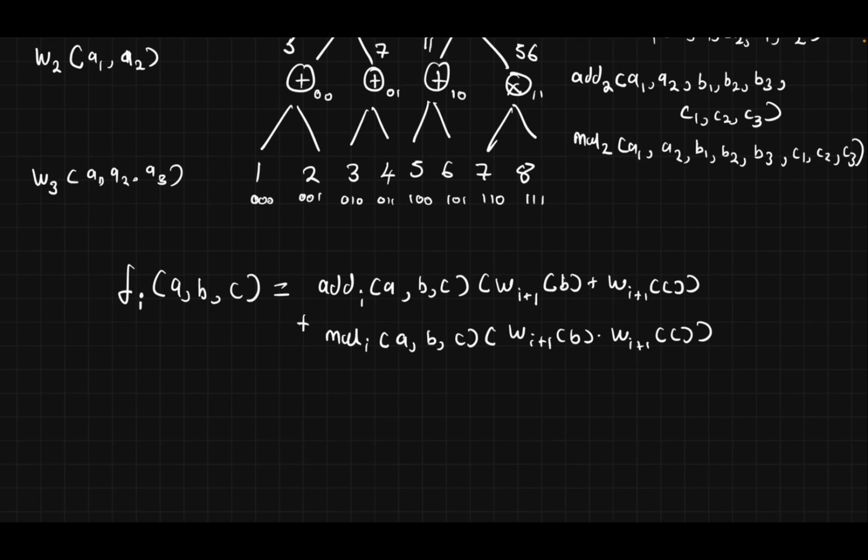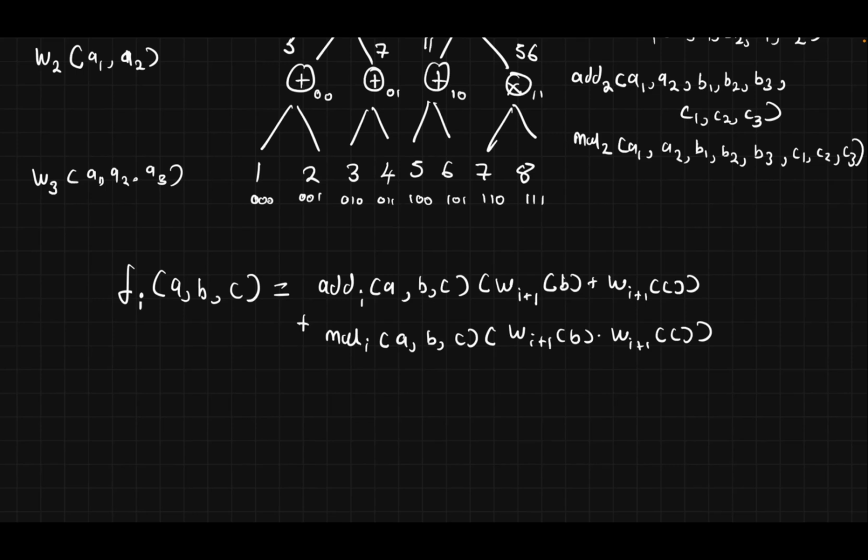So this is a polynomial that can check for layer I, right? That's layer I is 0. So you pass in A, B, and C. This A, B, C represent candidate indexes, right? So you're saying A is my output, B is what I think the left is, and C is what I think the right is.